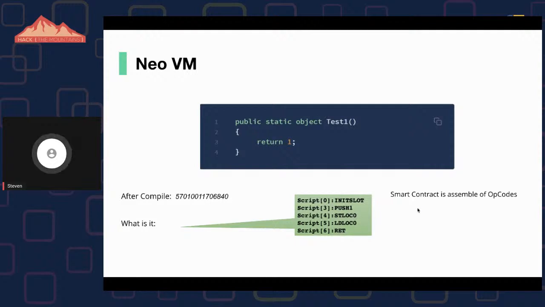So after all, the smart contract itself is just a sequence of OP codes. It's not something difficult or hard to understand. It's just like your normal computer science related program, a sequence of OP codes running in the virtual machine.